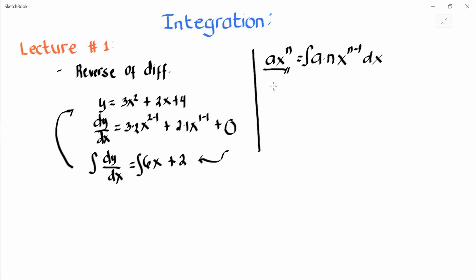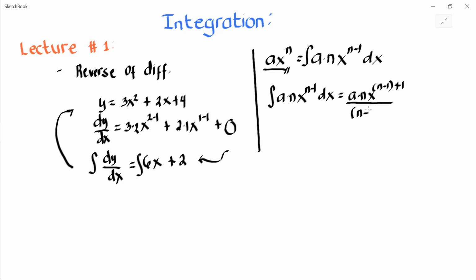So let's try. The integral of a times n x raised to n minus 1 dx is equal to a multiplied by n x raised to n minus 1, and in integration, instead of subtracting 1, because in differentiation we are subtracting 1, in integrals we add 1, and instead of multiplying the power to this constant, we are dividing it.